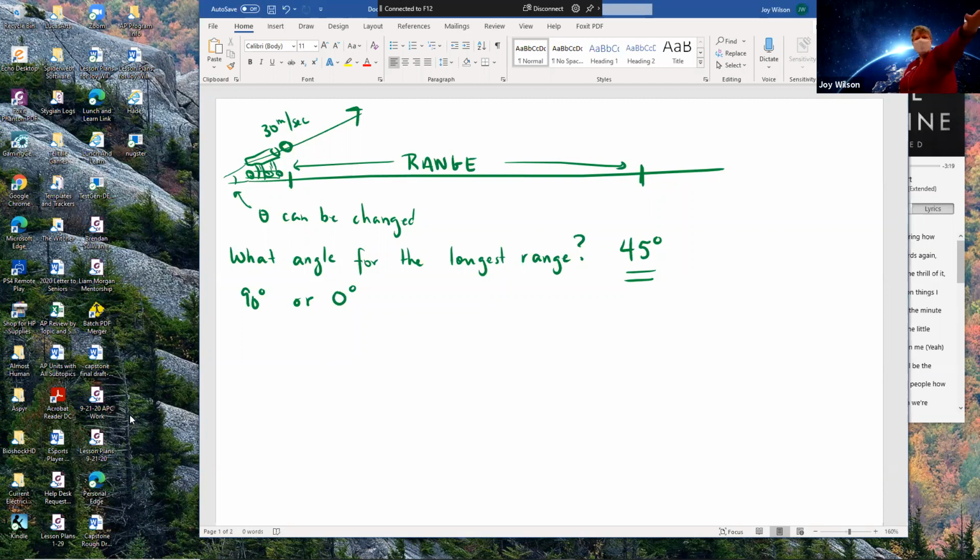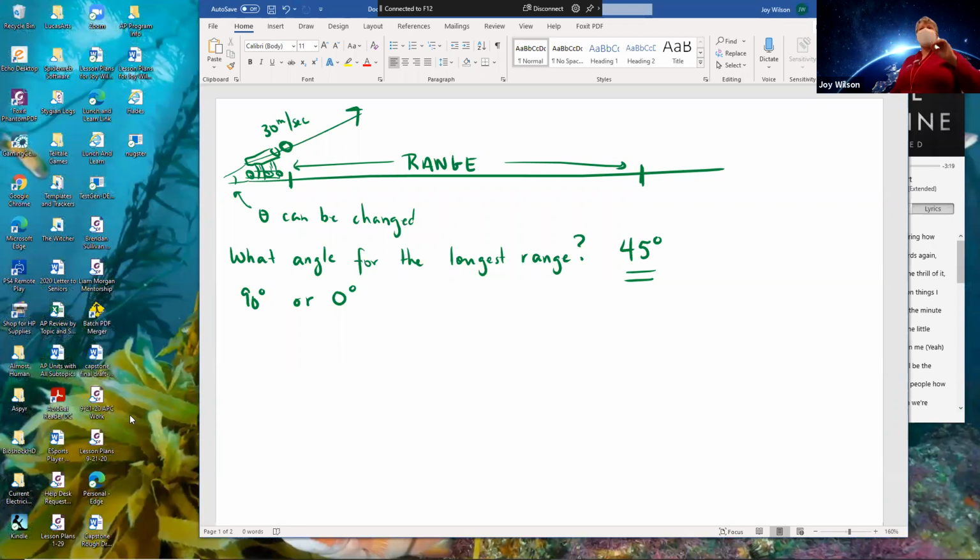So I don't put all my speed this way, because if I put all my speed straight forward, it just goes plunk on the ground. I need some of the speed to go up so that it goes up and down, which gives me more time in the air. Does that make sense? So I want it to go far that way, but I also need it to stay in the air. And so the 45-degree angle sort of splits that evenly.